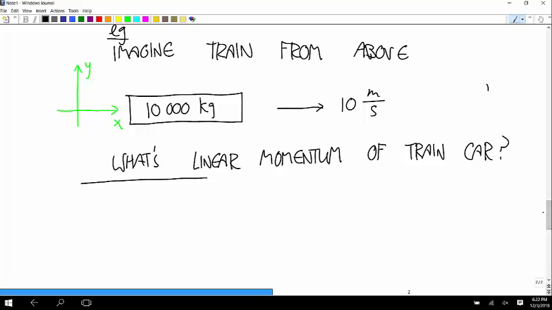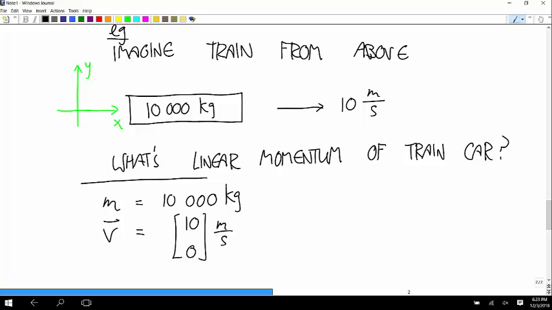Okay, well, the mass is 10,000 kilograms. The velocity is 10 meters per second in the positive x direction, so (10, 0) with units of meters per second.